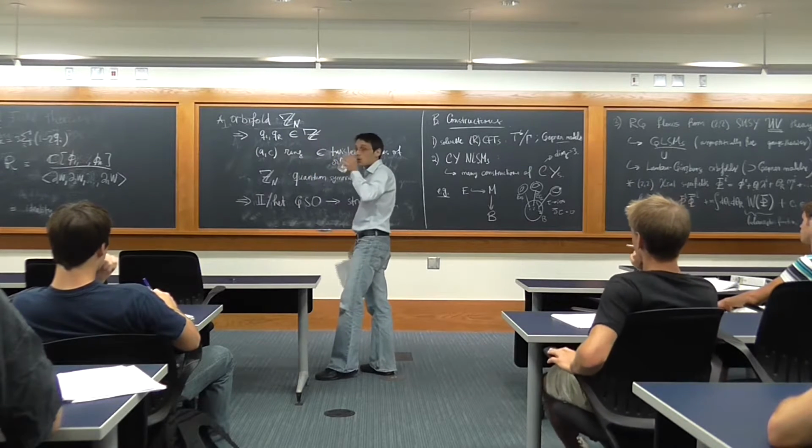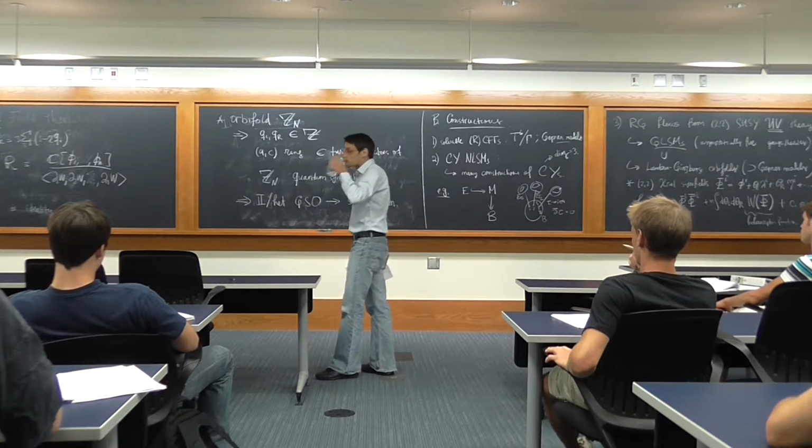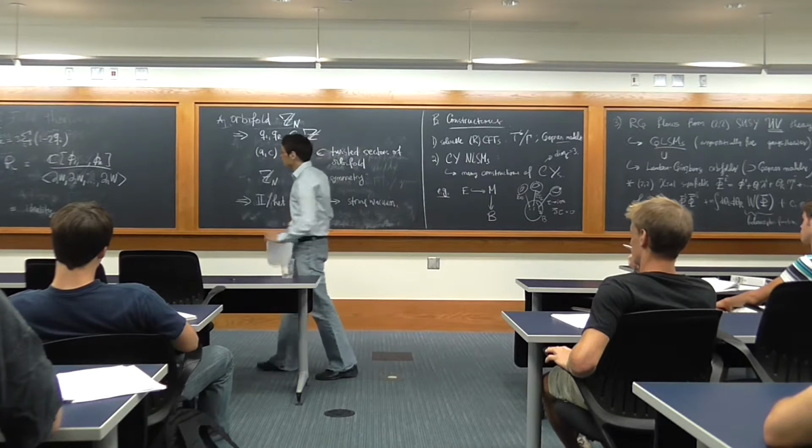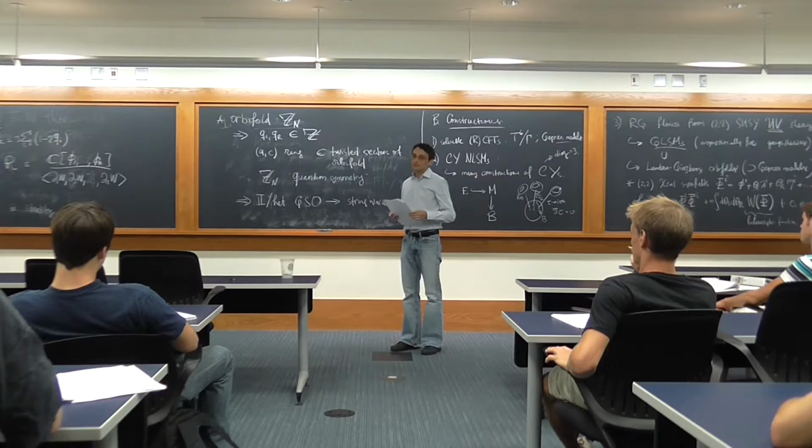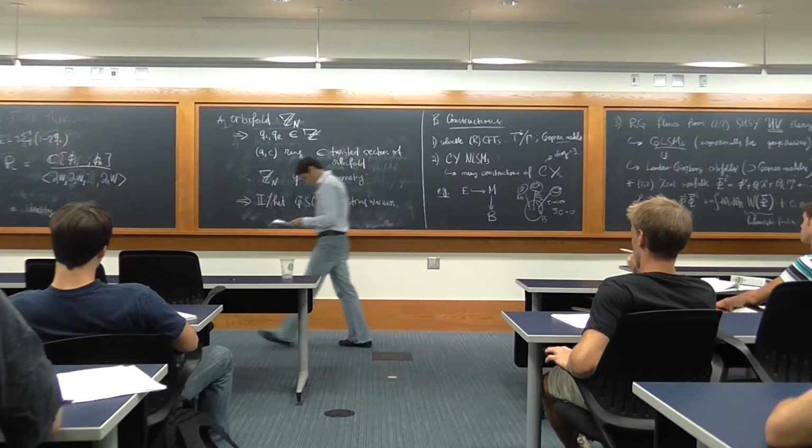And is c left and c right always the same formula, or does it change? Same formula. For the (2,2) theories, it's always the same, whether you orbifold or not. It doesn't change.